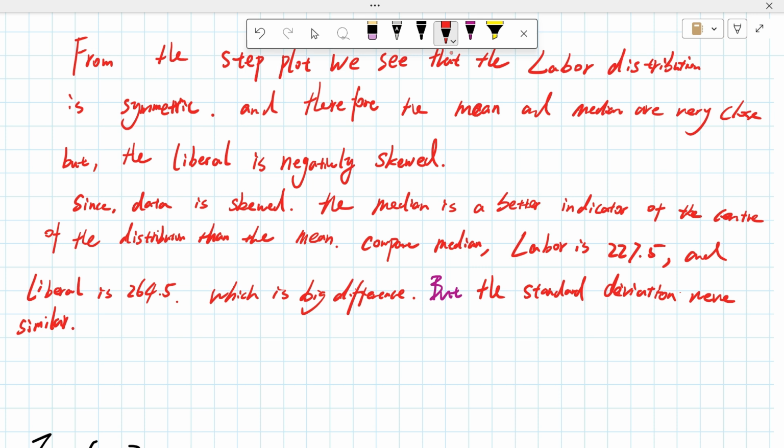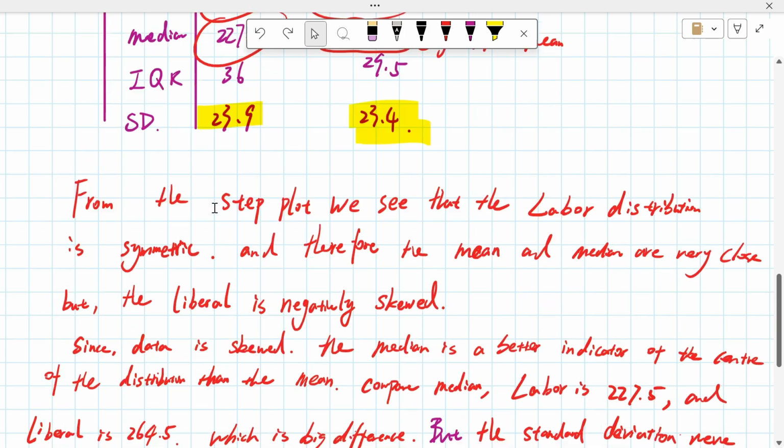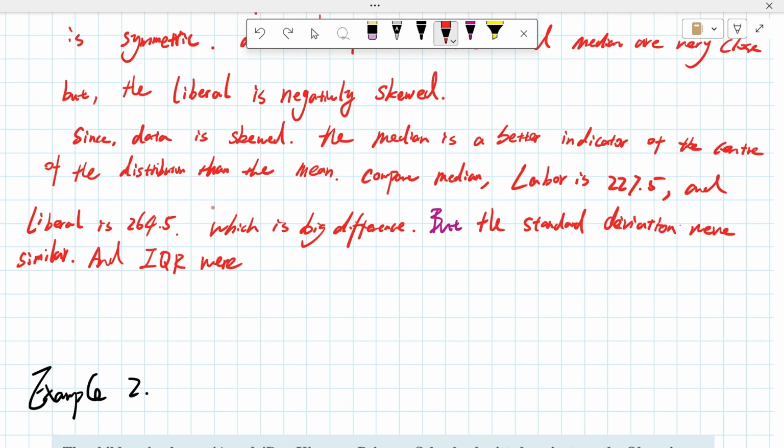And the IQRs were different. Wait, IQR is actually not different. Wait, the IQRs were not much different.